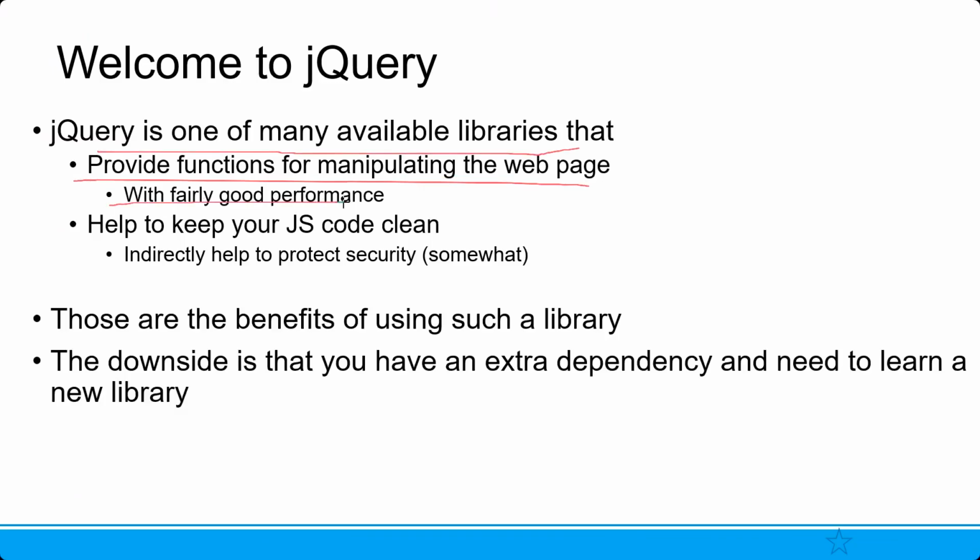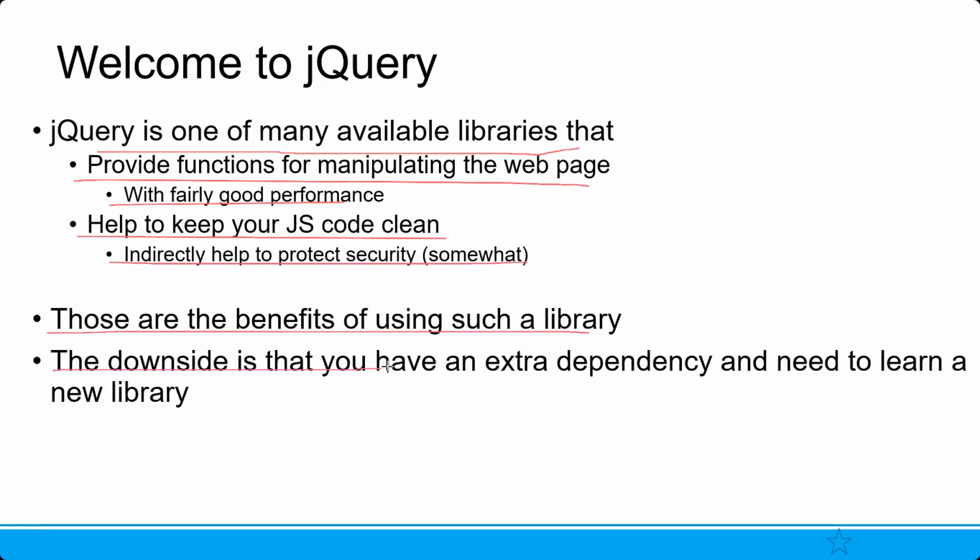It has fairly good performance, and it helps to keep your JavaScript code clean. This indirectly helps to protect security somewhat. So in some cases, it helps the security problem.